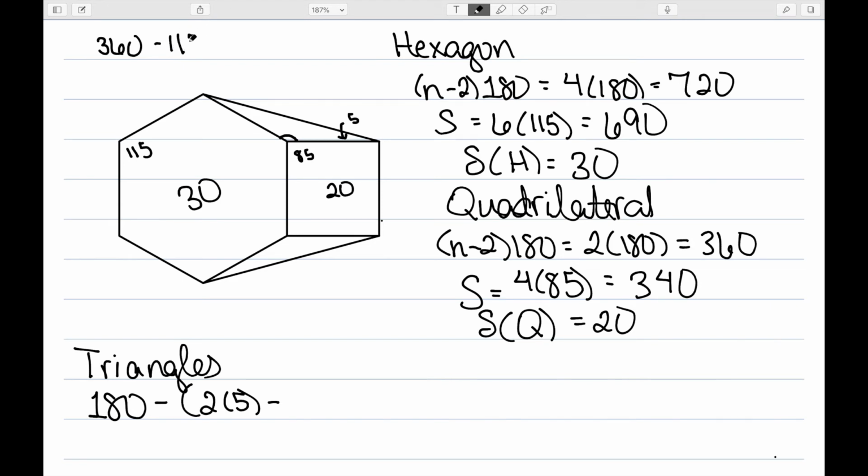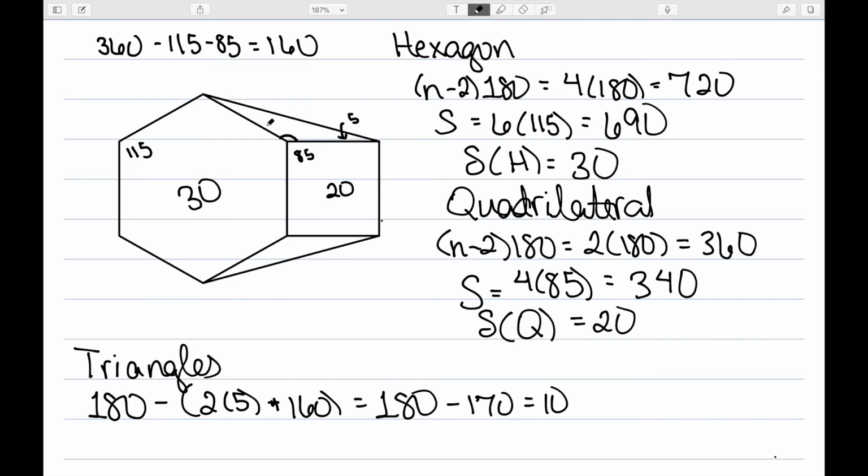So minus 115 and minus 85, which gives me 160. So I also have one angle that is 160. And so this would be 180 minus 170, or 10. So each one of these has defect 10.